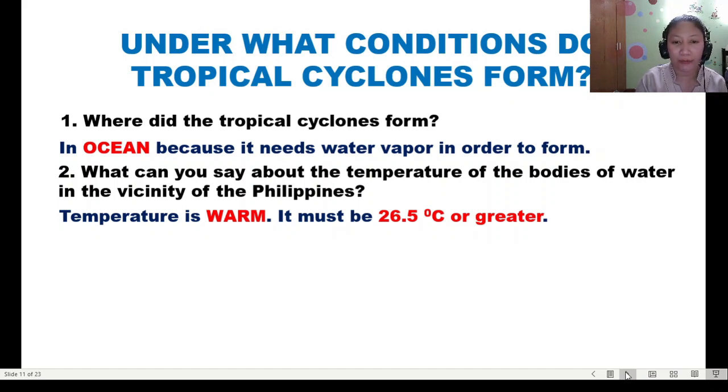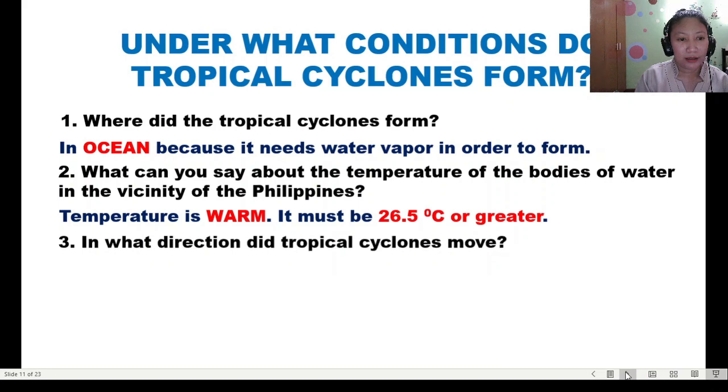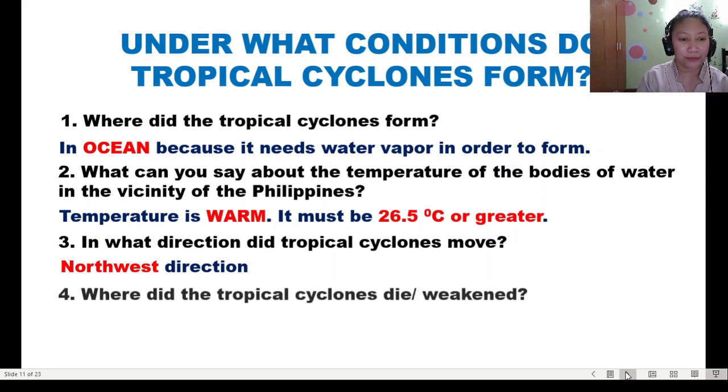So enough na yung temperature na yun para maghakot ng maraming water vapor sa ocean. Number 3, in what direction did tropical cyclones move? Northwest direction. So yun yung laging takbo ng ating tropical cyclone o bagyo.